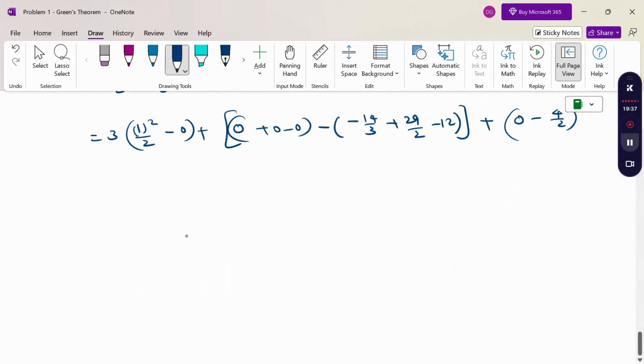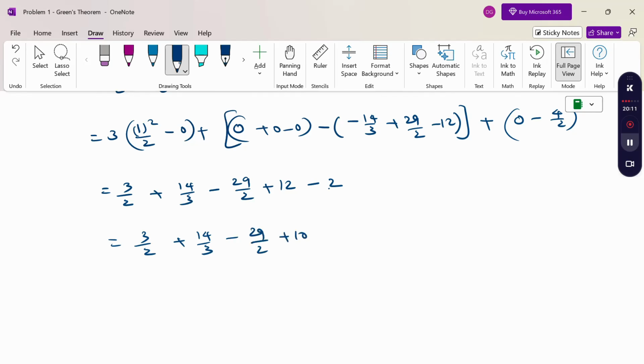Now the term is 3 by 2 plus 14 by 3. When I multiply minus into minus, plus, minus 29 by 2 plus 12, then minus 4 by 2, and 4 by 2 is 2. Therefore this is 3 by 2, 14 by 3, minus 29 by 2, plus 12 minus 2, which is 10. Now taking the LCM, 6.